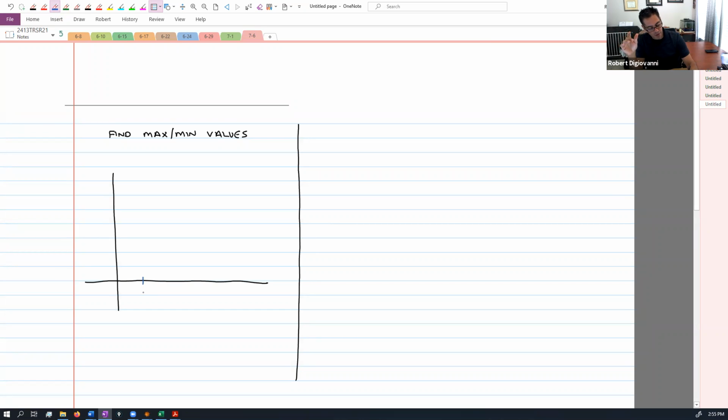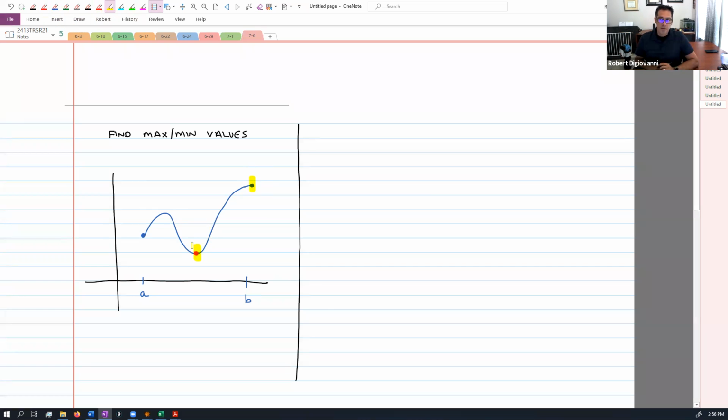So maybe it starts here at A, ends here at B, does some weird things. And we want to find the highest and lowest points on that graph. So we want to find where it reaches its highest point and where it reaches its lowest point.